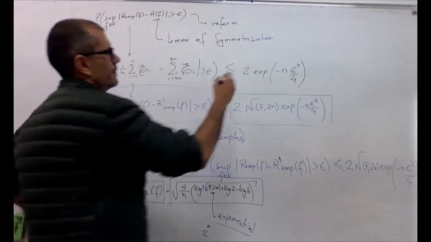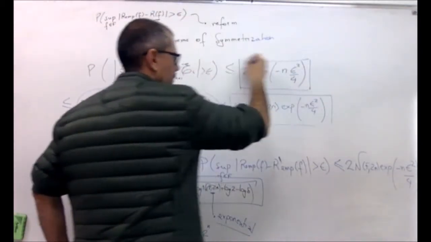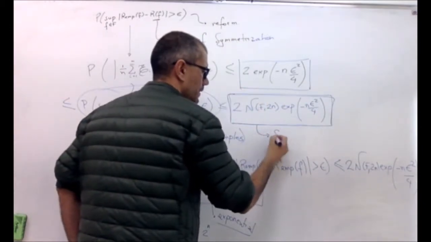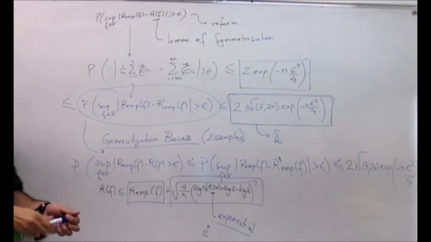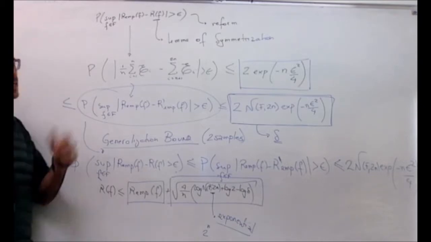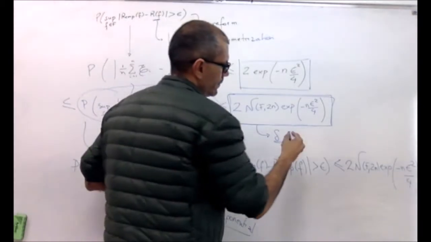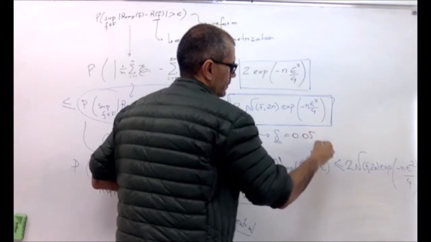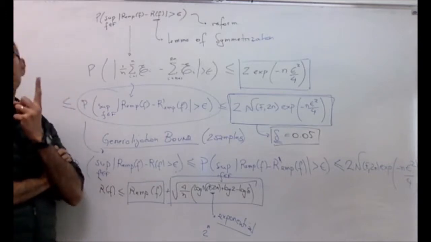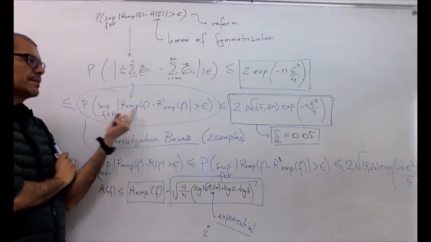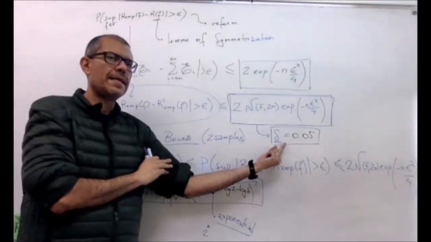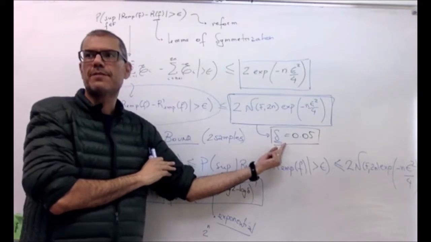Coming back, we see this term on the right side was made equal to delta. Just take a look at what that delta should mean. If delta is equal, for example, to 0.05, this basically means that I want the probability of having this difference greater than epsilon happening just for 5% of the cases.